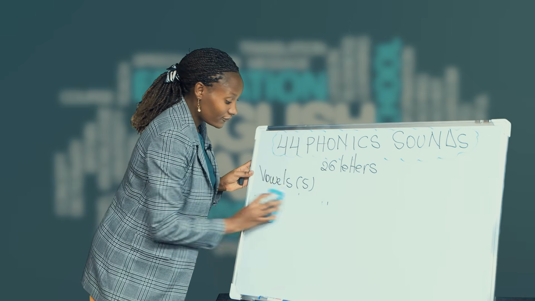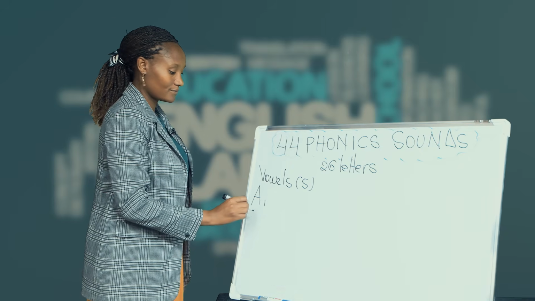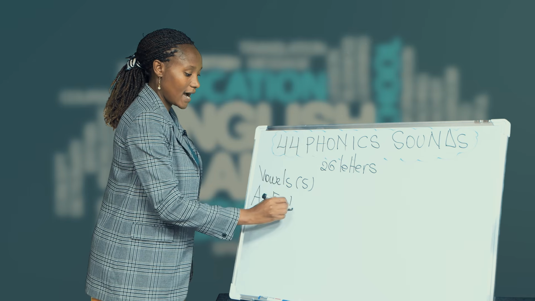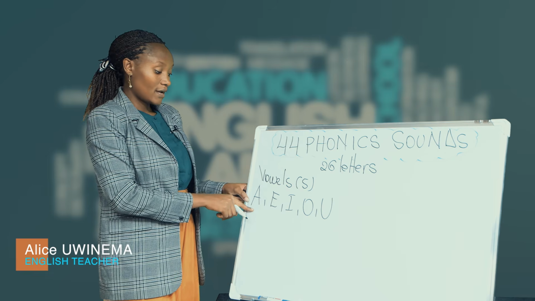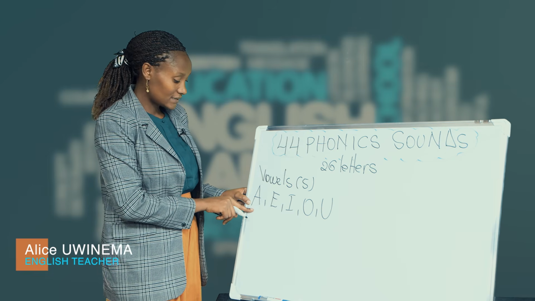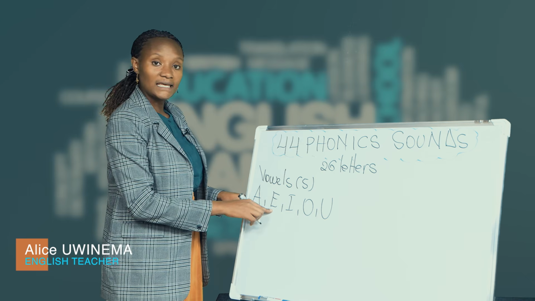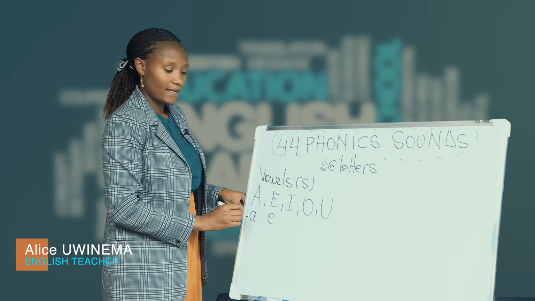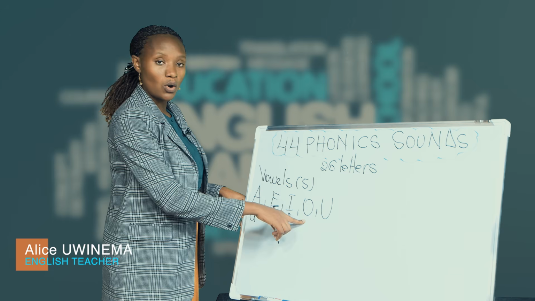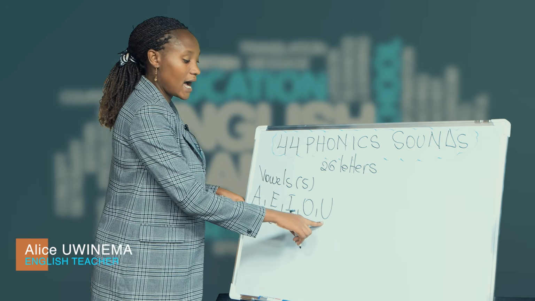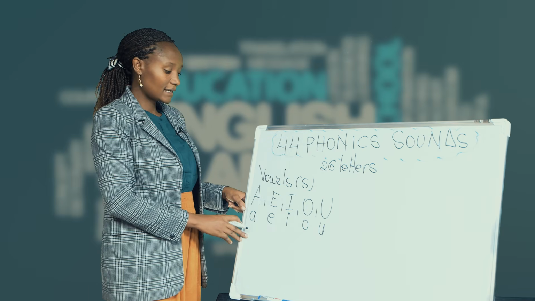Let's start with the 5 vowels. Here we have A, E, I, O, and U. These letters have sounds: A sounds as A, E sounds as E, I sounds as E, O sounds as O, and U sounds as A. We are repeating.